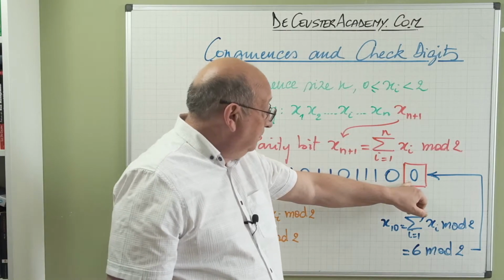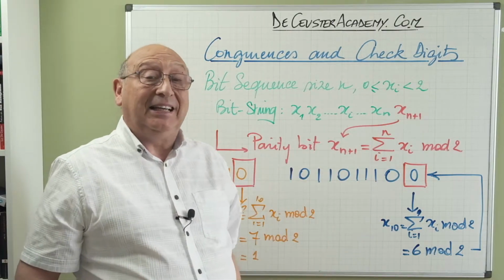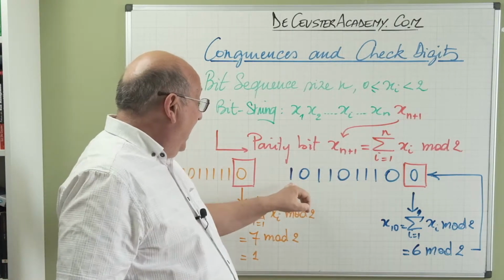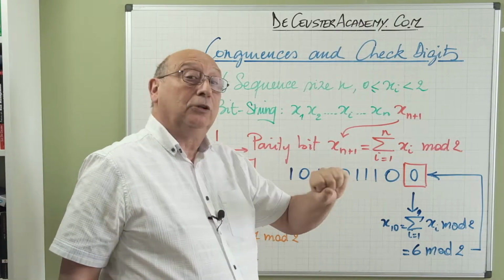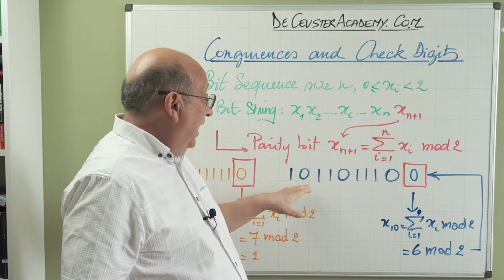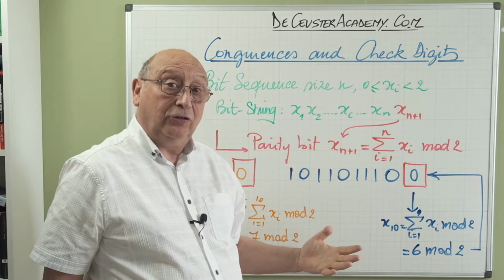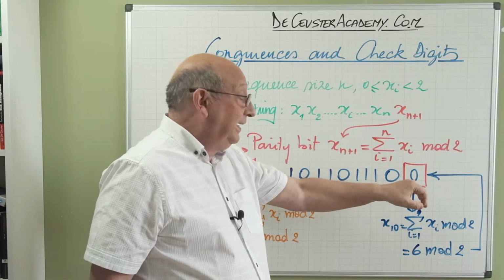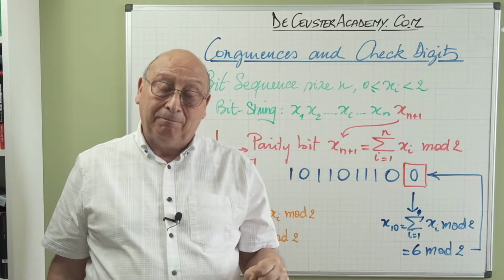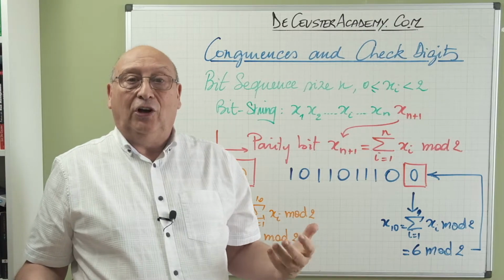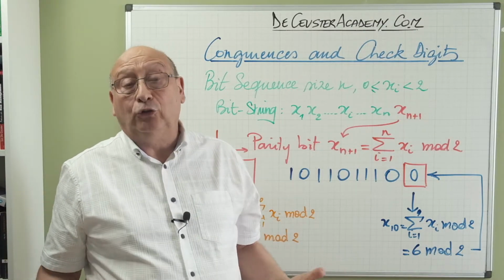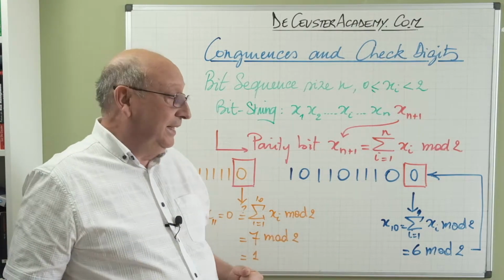So when the parity bit is 0, basically it means that I have an even number of bits which are equal to 1. If I would have an uneven or an odd number of bits, the parity bit would be equal to 1. That's a simple way to find out if the parity bit is correct, or how to calculate the parity bit.